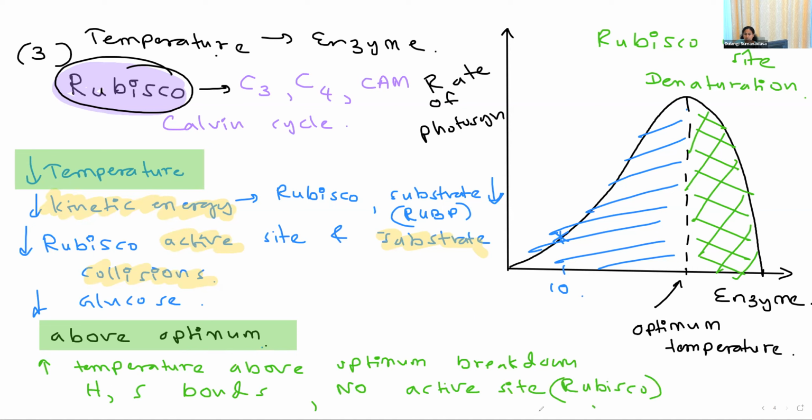No Rubisco active site. So without the active site, the substrate can't bind.